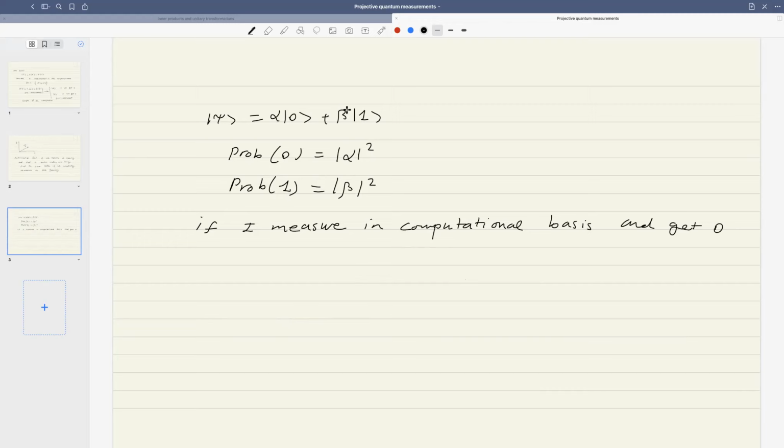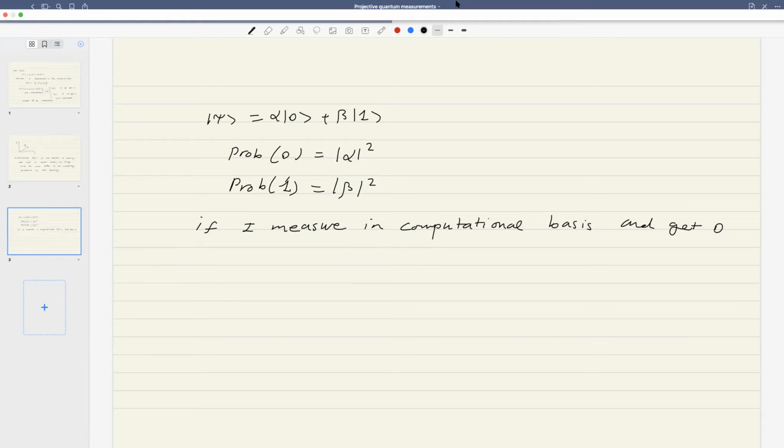So that means beta must be 0, right? If you have any finite beta, there's a finite probability of getting 1. So if beta is 0, alpha must be 1 up to a phase because the state is normalized. This explains the collapse of the wave function, and the wave function similarly collapses for multiple qubits. So suppose I have, let's say, 2 qubits.